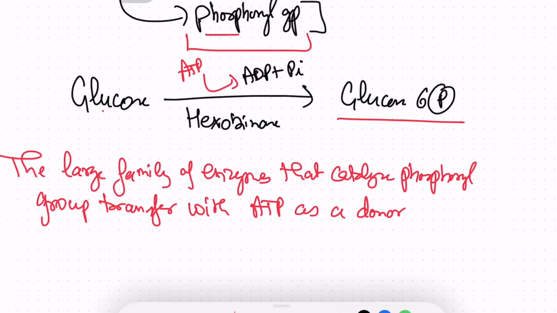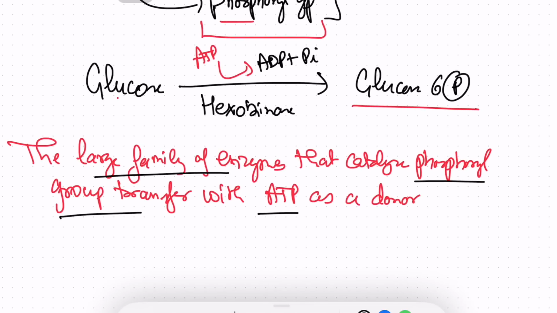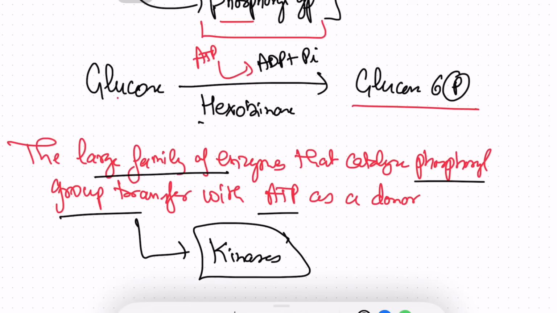In those reactions there is phosphoryl group transfer, and the donor of the phosphoryl group is ATP. Such a family of enzymes is known as kinases.